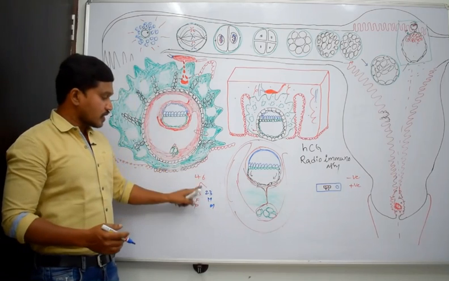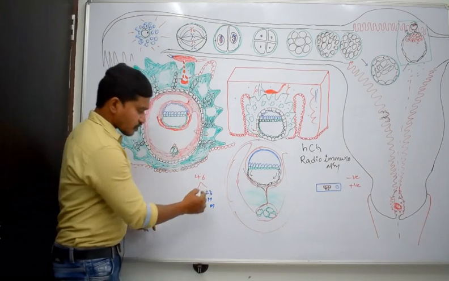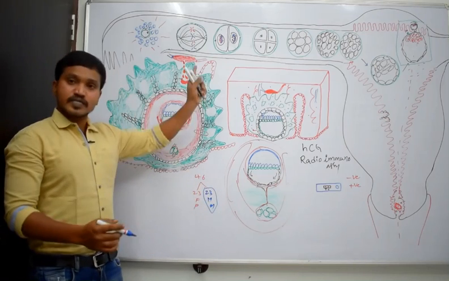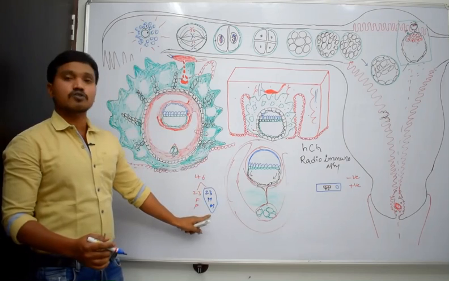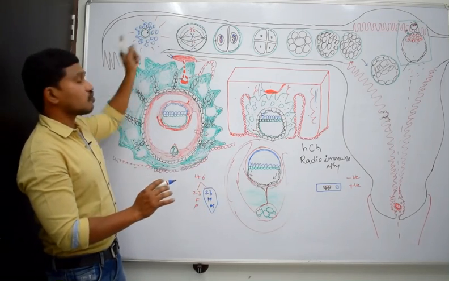So 23 maternal chromosomes are there, 23 paternal chromosomes are there. These 23 maternal chromosomes belong to the same body. That means these 23 chromosomes belong to the mother. That means they belong to the ovum.